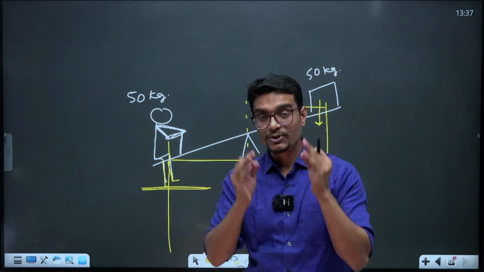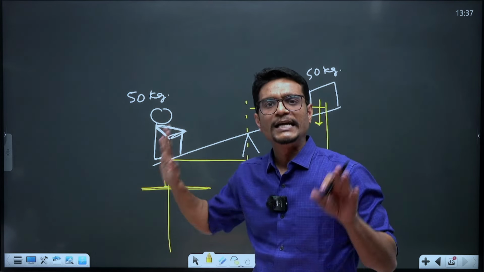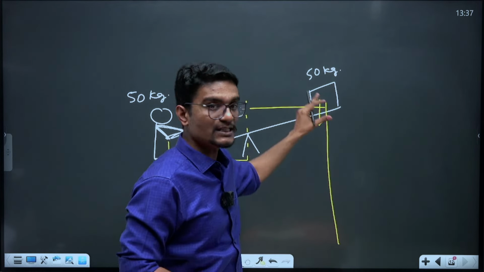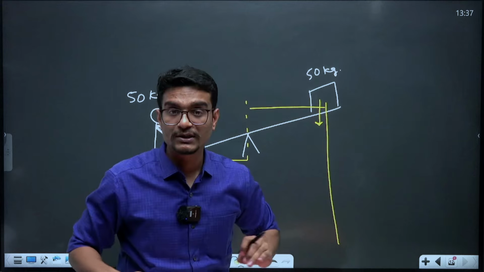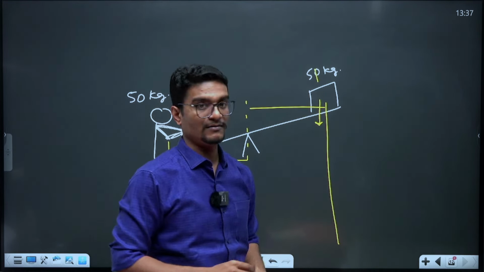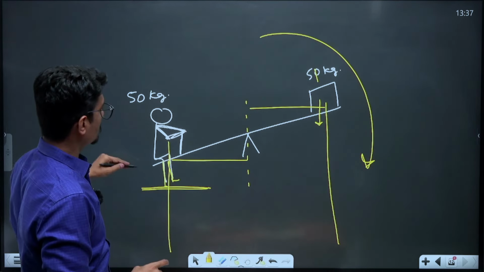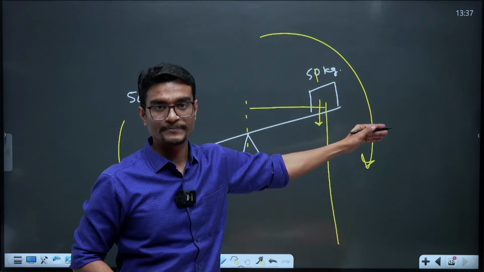But the situation I'm talking about is 50 kg sitting gently with his legs above the ground, a 50 kg block placed very gently, no friction, no other force. It will not come there. But if it is 51, yes, the moment from this side will be greater than the moment from this side, and hence this will win the war.